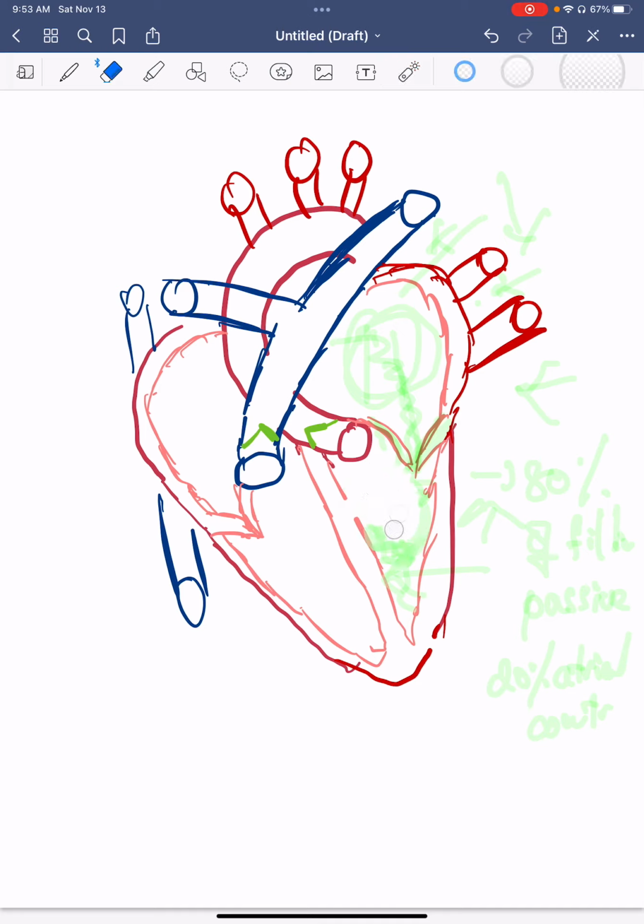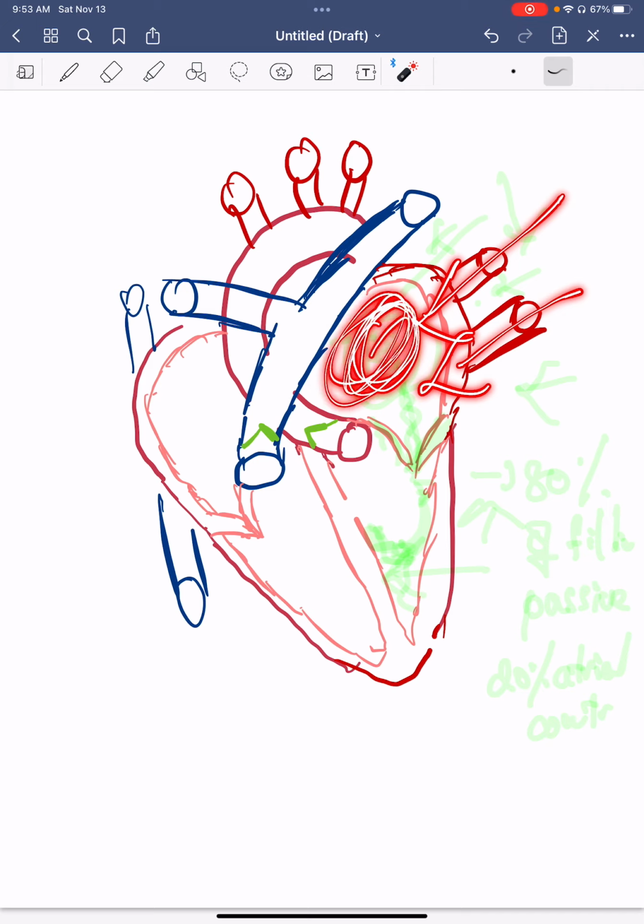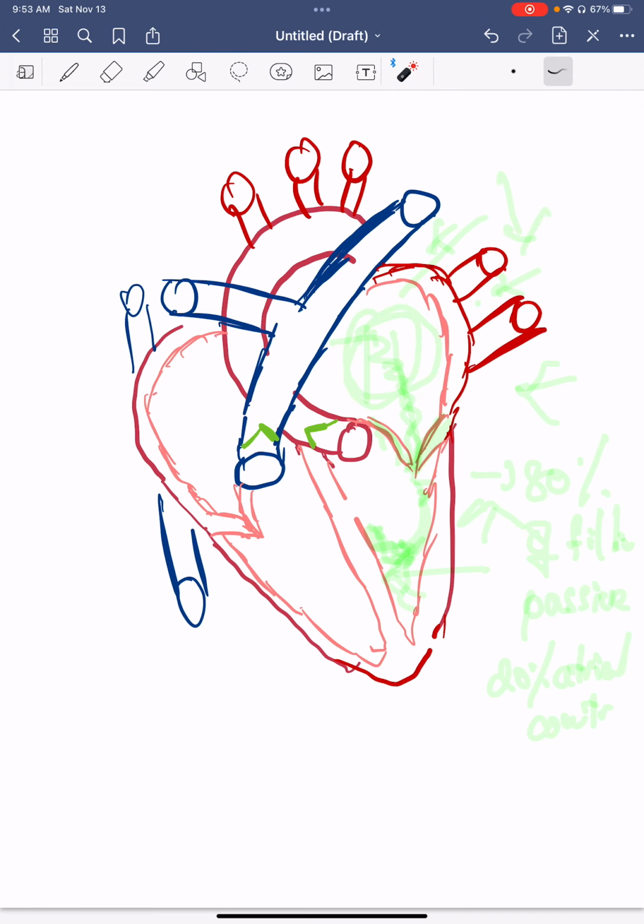Now the pressure is increasing. In this time, the atrium receives blood from the lungs and starts filling. Meanwhile, in the aorta, the blood is also going to the system.